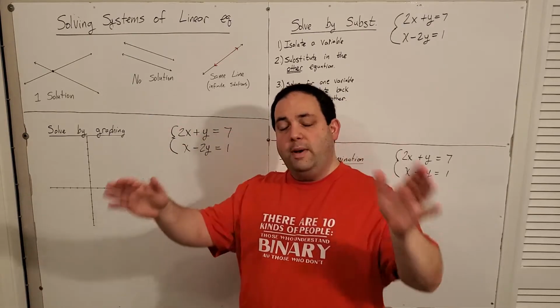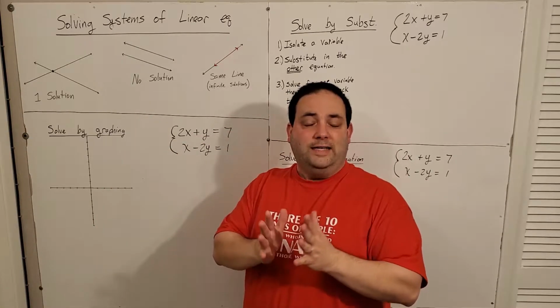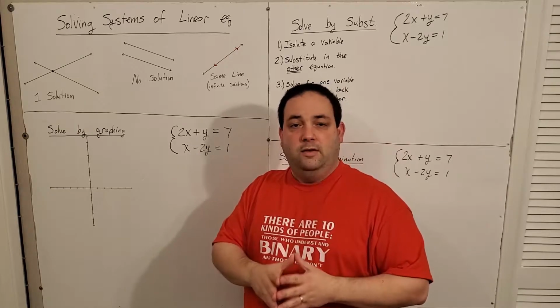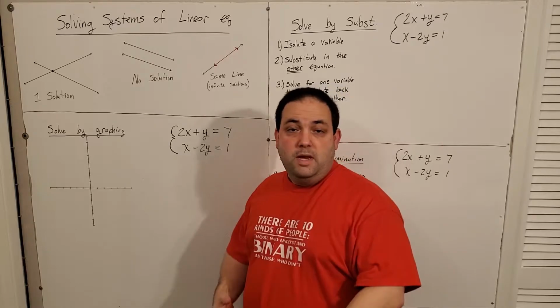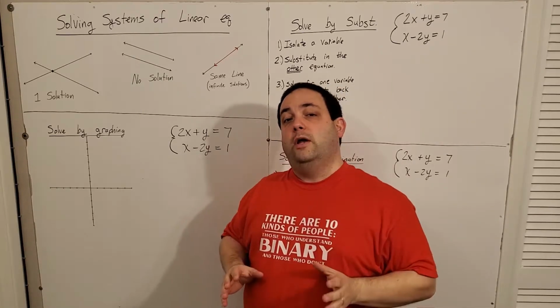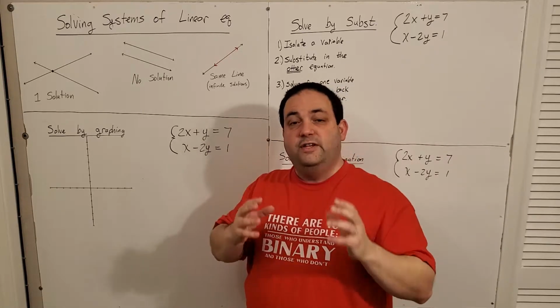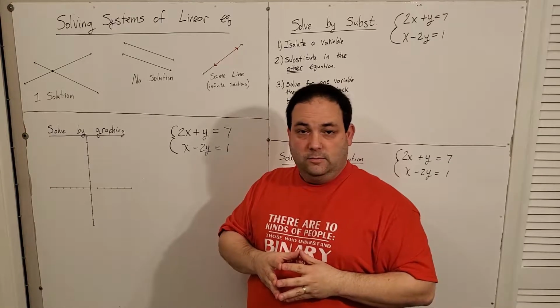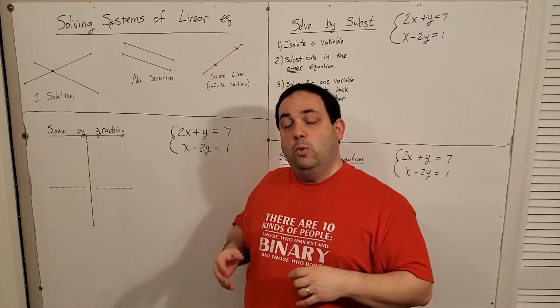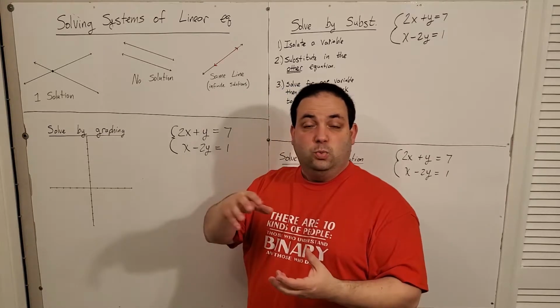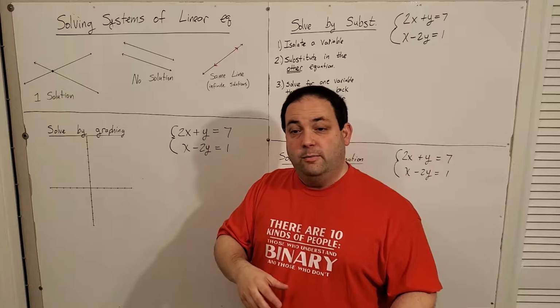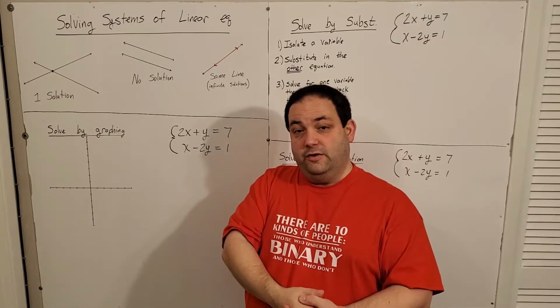Now let me start out by saying graphing is not the most efficient method. However, it is awesome for someone like me displaying to you what's going on and to give you that good visual of what's happening, okay? Typically, though, we want to solve a system to find out where these two equations would intersect before we graph them to make our graphs more efficient.